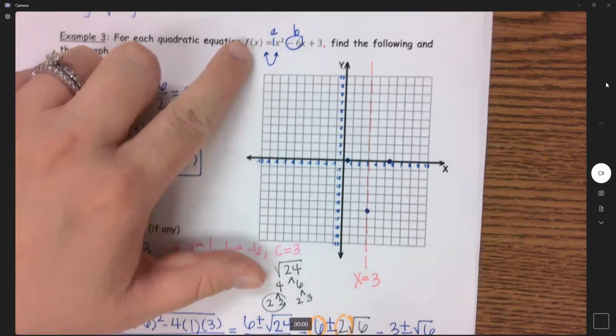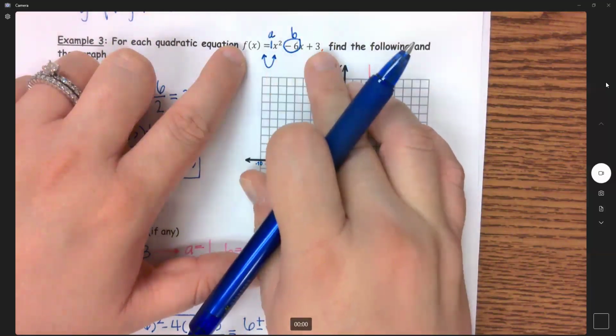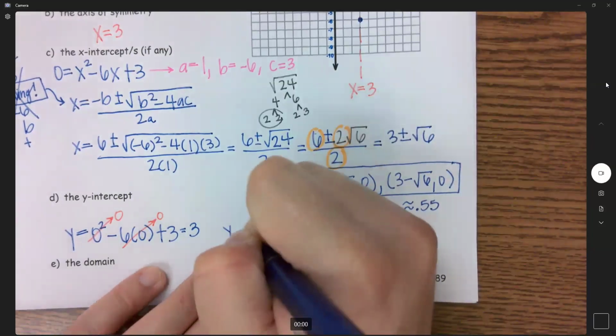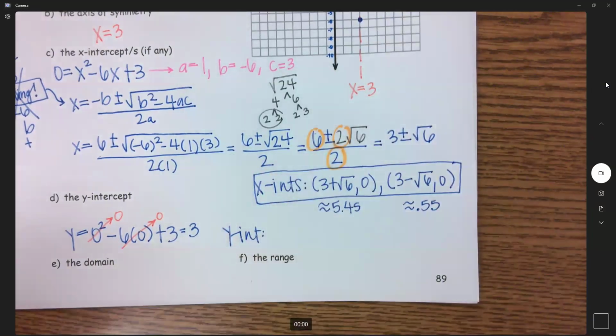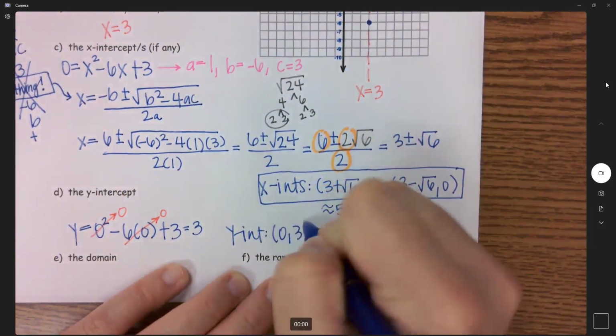So when you're finding the y-intercept in standard form, it's going to cancel out the x squared and the x, and it's always going to be this constant right here. So my y-intercept, again, my math lab just wants y equals 3, but I want the ordered pair of 0, 3.